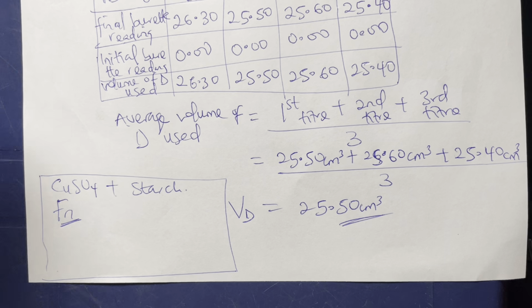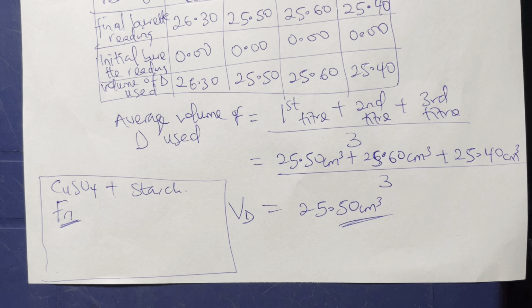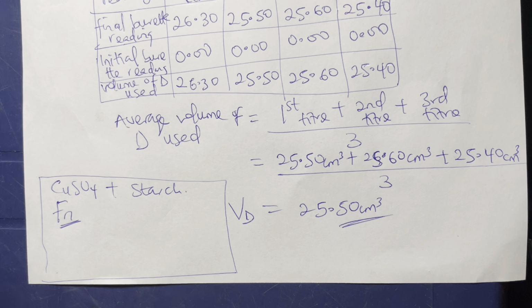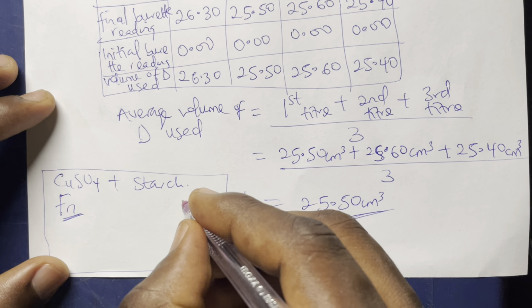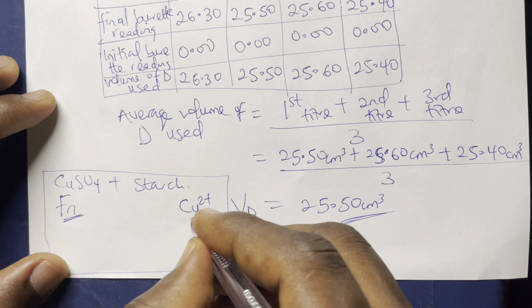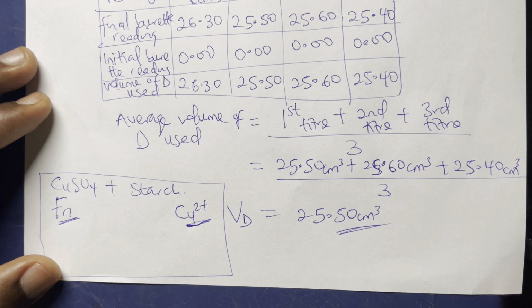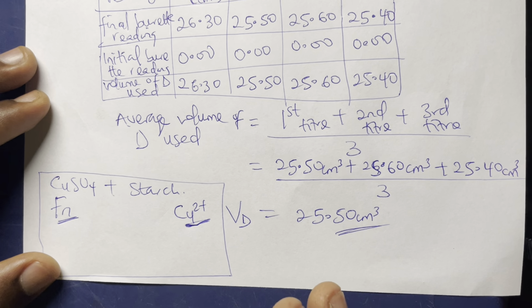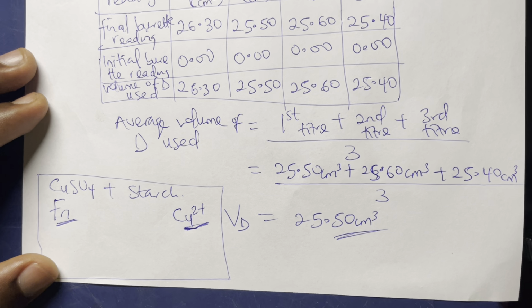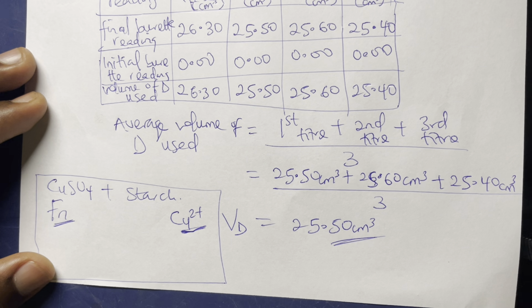Whenever you're working on this one, in your inference you know that the cation you want to observe from this is Cu2+. So in your inference, always ensure that Cu2+ is present. That is what must be your inference, irrespective of any reagent you are adding.